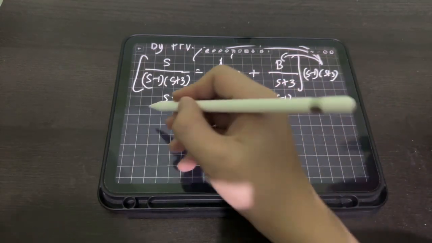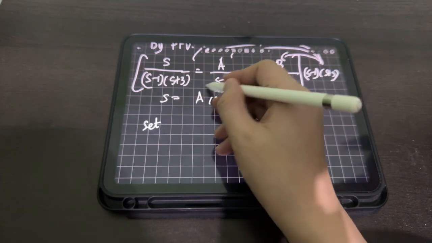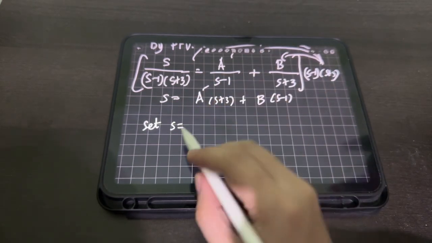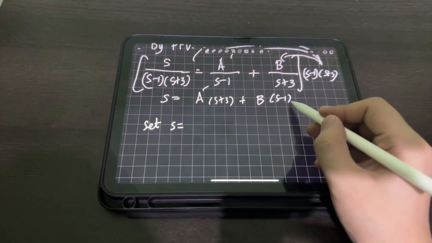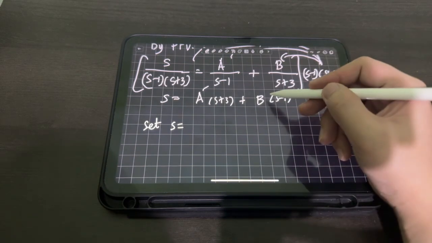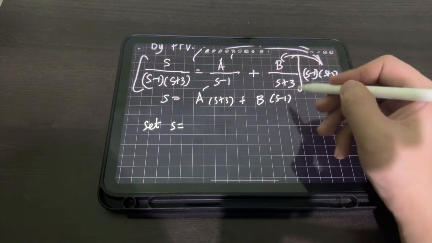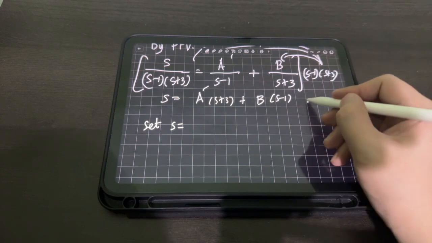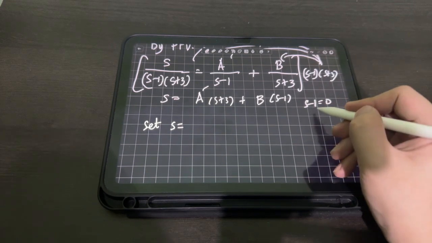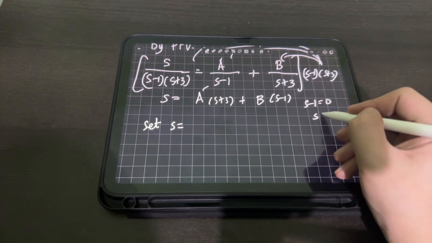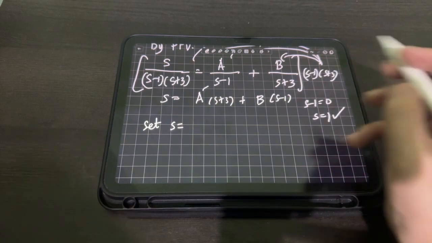Okay, by cover-up method, if we want to solve for A first, we can set s equal to, look at the factor of the other unknown constant B, which is s minus 1. Equate that to 0. s minus 1 is equal to 0. Solving for s is 1, right?